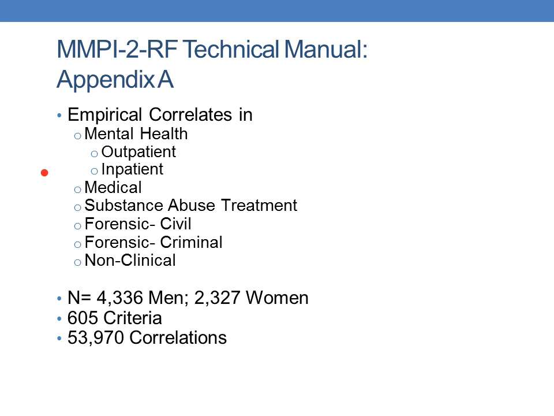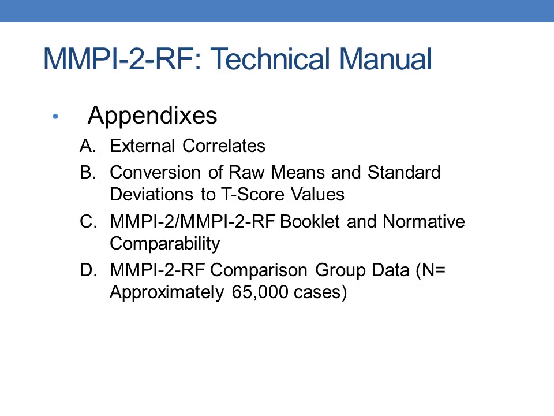And these include things like record review data, diagnostic impressions, other external correlates, other psychological measures. And these correlations really served as the basis for the interpretive statements in the MMPI-2-RF manual.